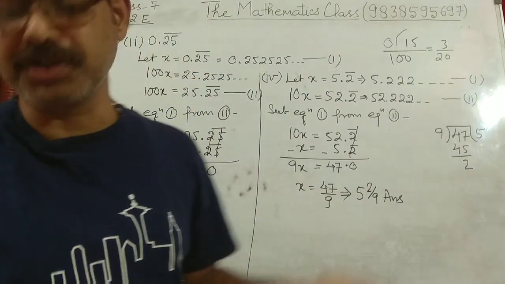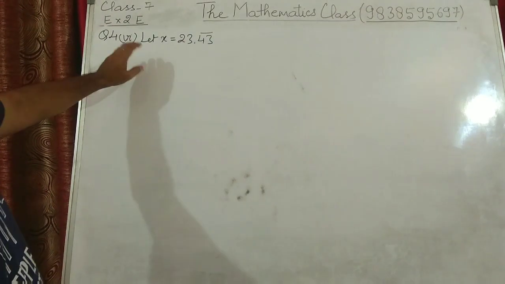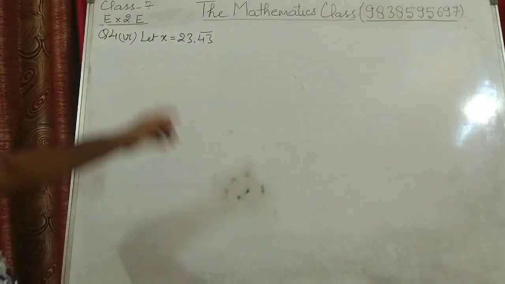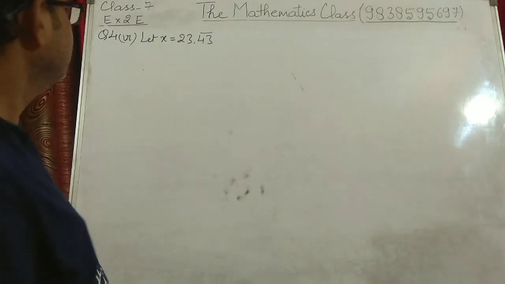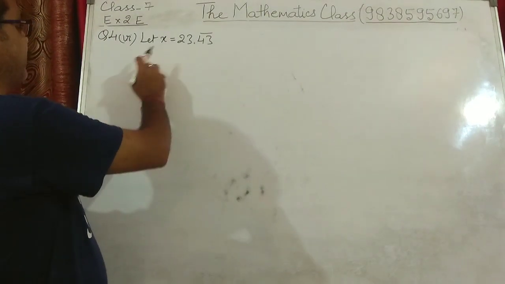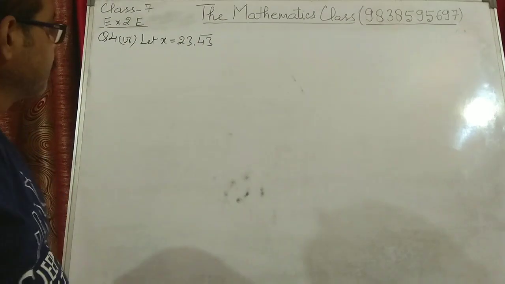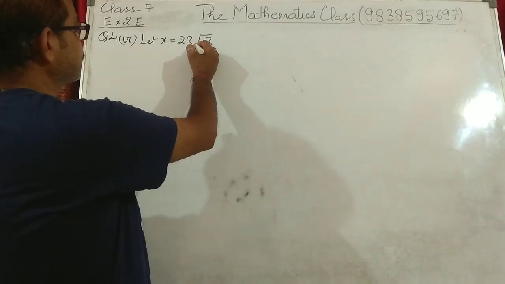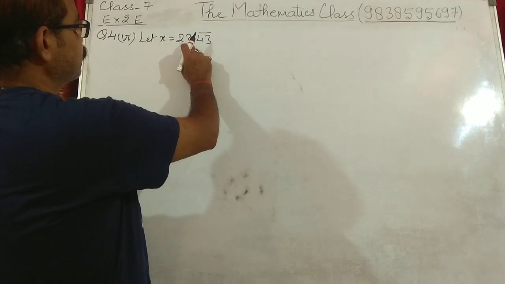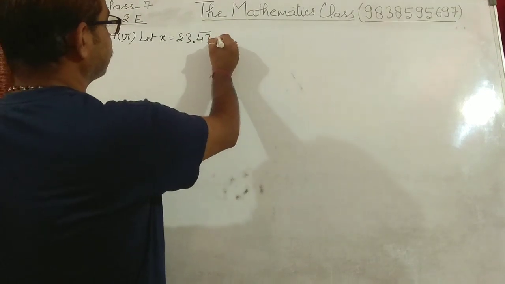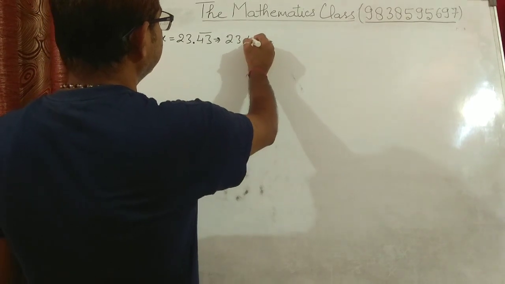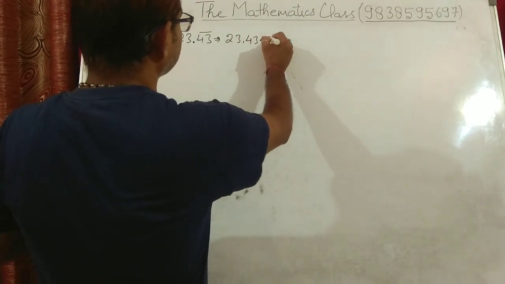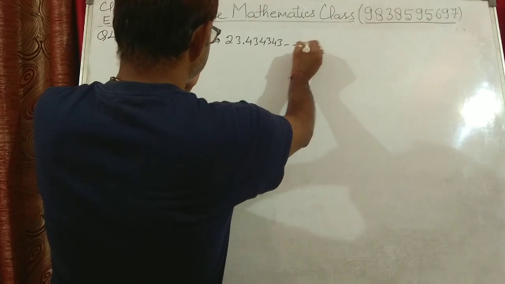Now we will move on to question number 6. Question number 4, part 6, you have to write 23.43 bar as a fraction. The very first thing we have done, we have assumed x is equal to 23.43 bar. Now my concern is that this decimal should be after 43, means this number is 23.434343 and so on.